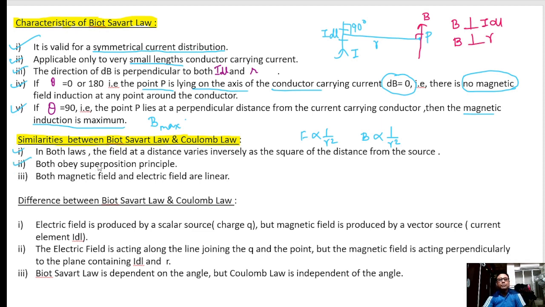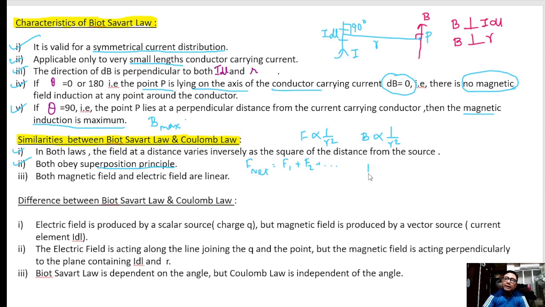Both obey the superposition principle. That means the net force F will be the force due to all the charges, first charge, second charge, in this way.